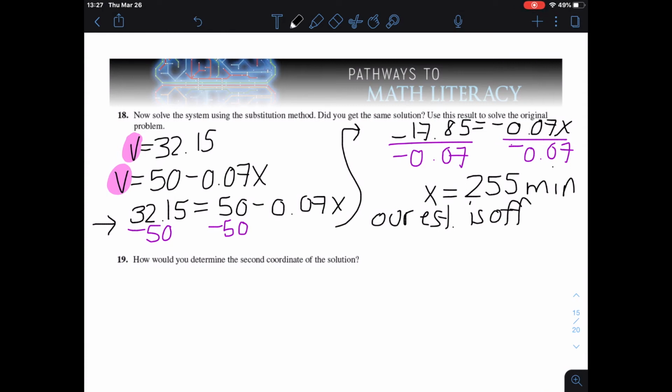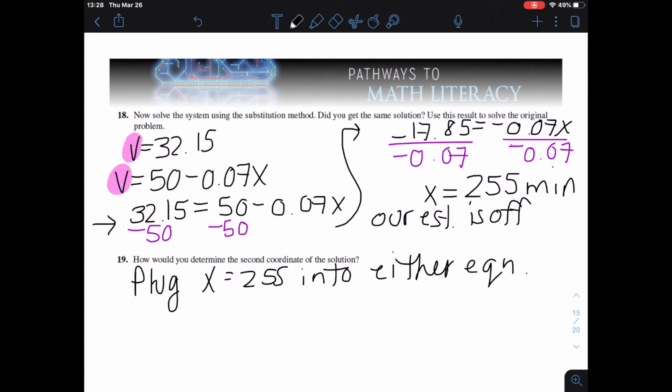Although estimation is good because it gives you an idea, it's not perfect. Now we want to see what the second coordinate of the solution is. So we're just going to plug x equals 255 into either equation. Really, the first one's going to be the nicest because V is always equal to 32.15.